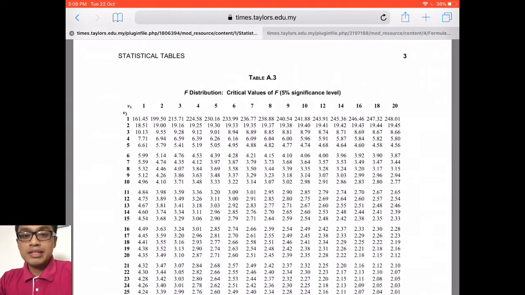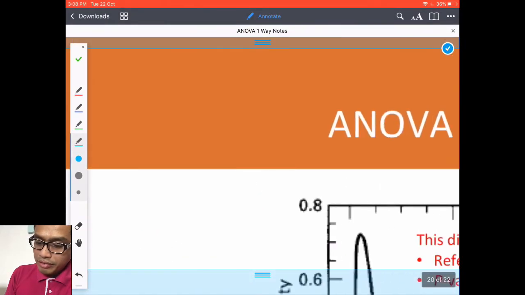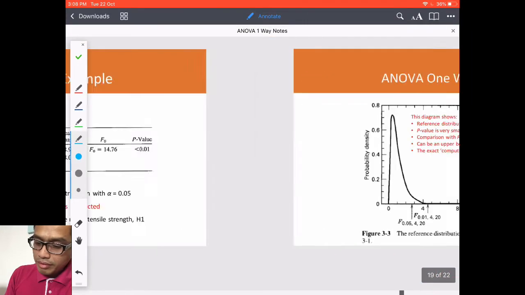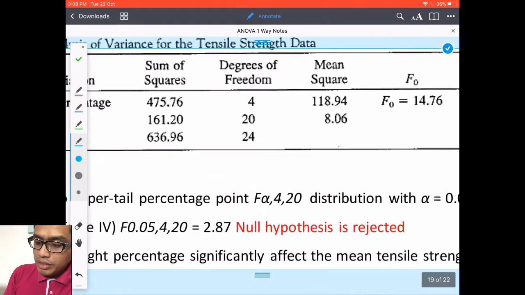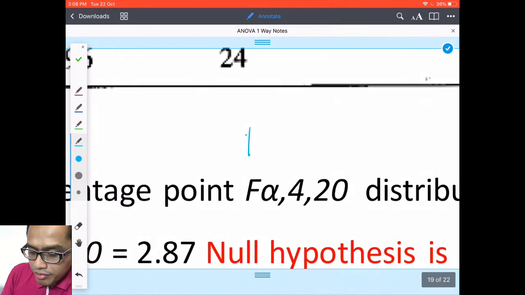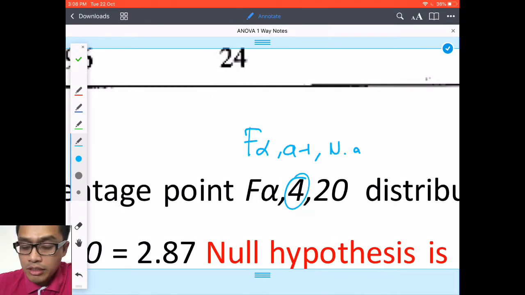Let's begin with a 5% significance level. Alpha equals 5%. The equation is F alpha, A minus 1, N minus A. So this is the degree of freedom for level, the degree of freedom for error, and this is 5%.